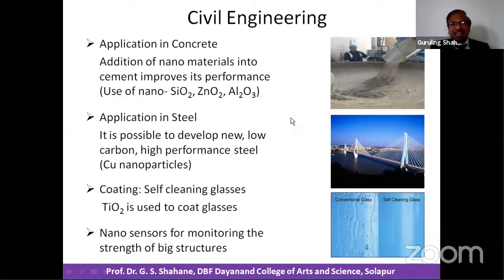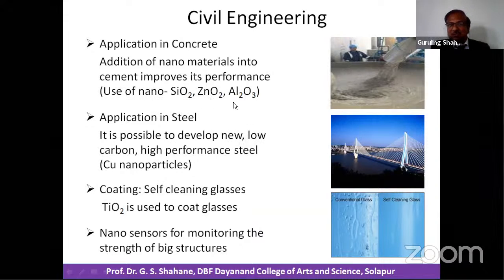In civil engineering, adding nanomaterials into cement concrete can improve its strength. Generally, they use nano silicon dioxide, ZnO2, Al2O3. These nanomaterials are added to the concrete, which enhances its strength.